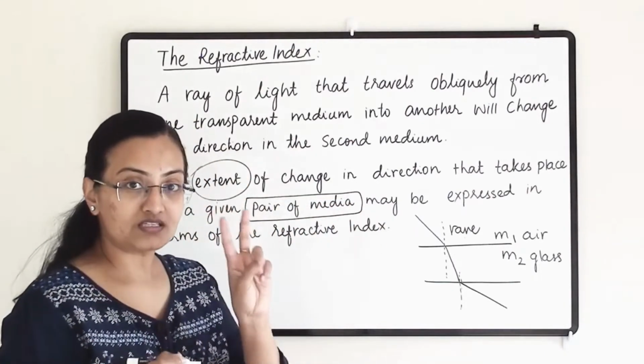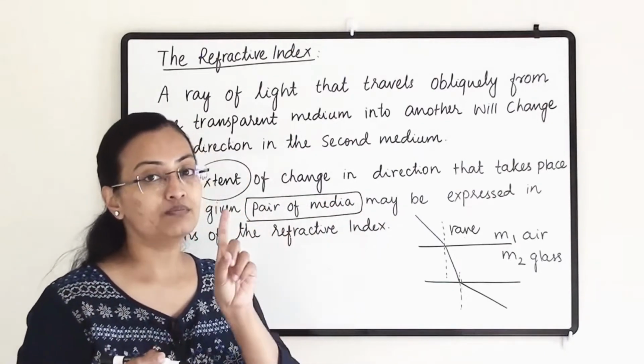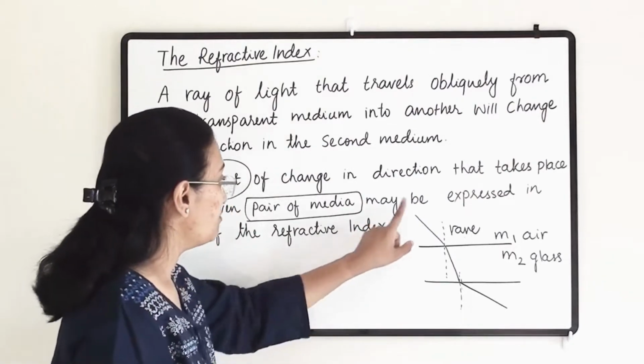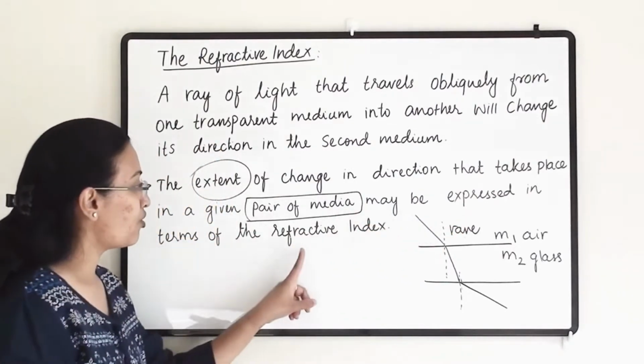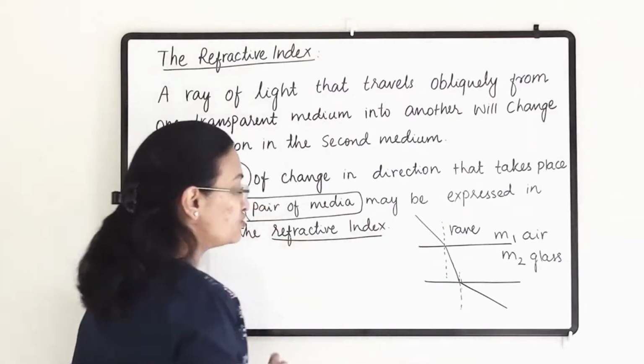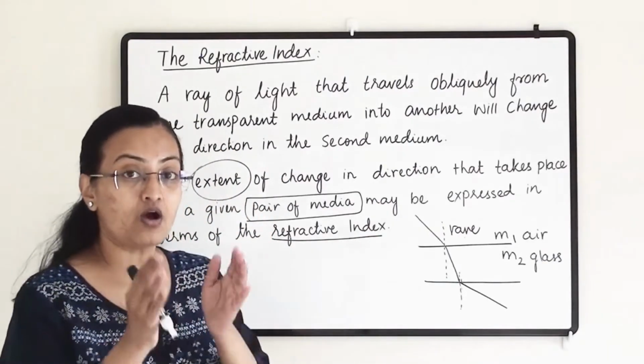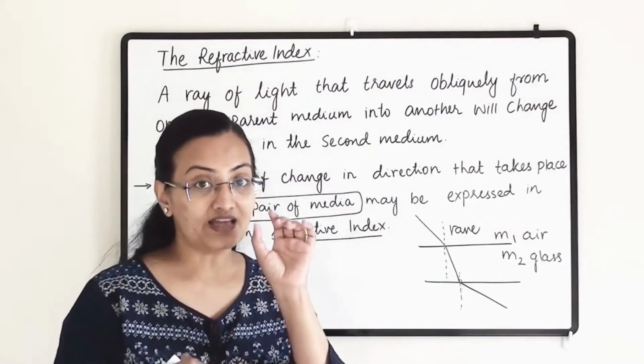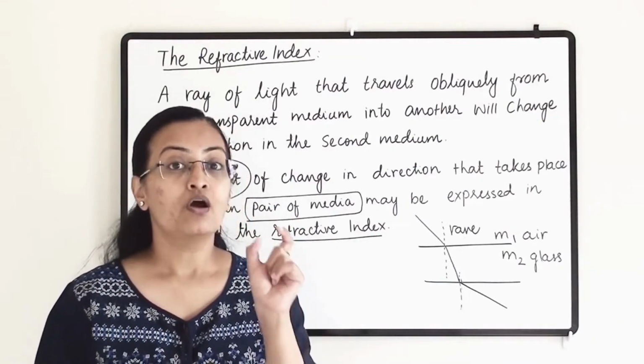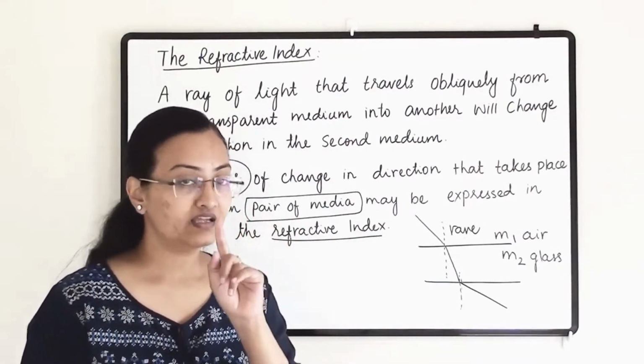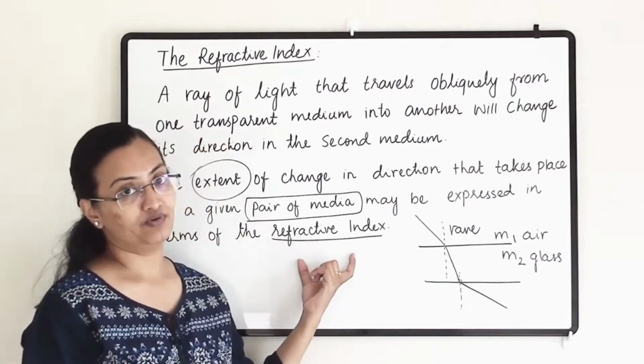There will always be two media. One will be a rarer medium and one will be a denser medium. It may be expressed in terms of the refractive index. So what is a refractive index? How much light has bent, that extent, that measure or that physical quantity is our refractive index.